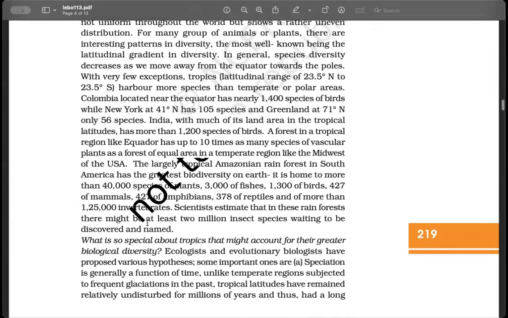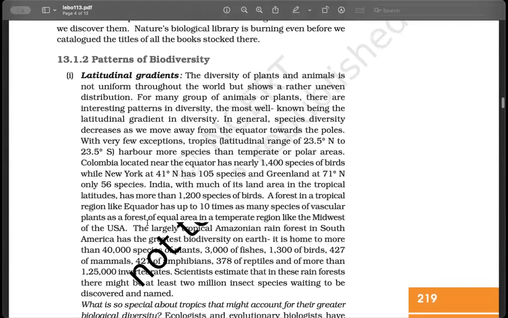Cool. So moving forward, latitudes or these zones play a very major role in defining or patterning biodiversity as a whole.